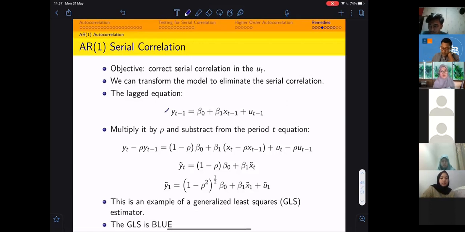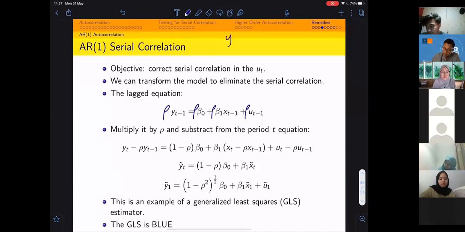On the right hand side, you also need to multiply by rho. Rho is the estimated autocorrelation coefficient, which is a characteristic of the data. Now the next step is to subtract the lag equation from the original equation.